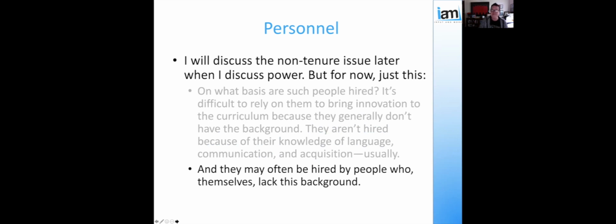And just as important in a lot of these research institutions is they often are hired by people who themselves lack the background to ask the questions that need to be asked to see if those people can bring innovation. So you have both the hirers and the hirees meeting in the middle in the sense that they don't have the background necessary to bring true innovation to language instruction at the university level.